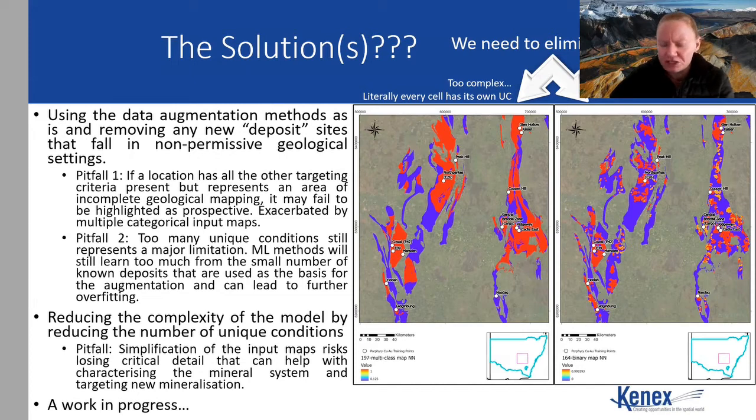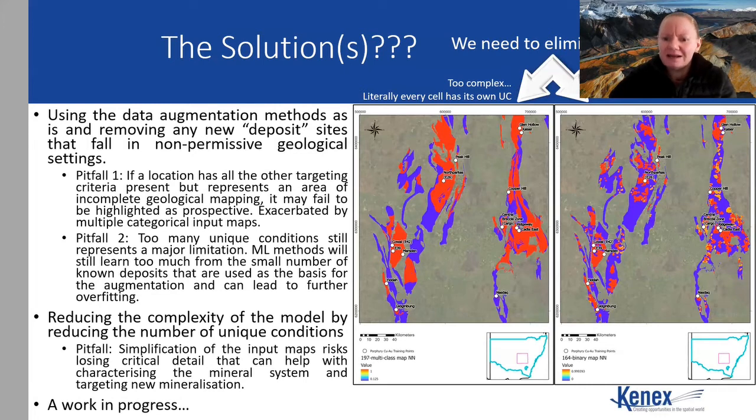There is still not enough training data to effectively generalize this model. So reducing the complexity of the model by reducing the number of unique conditions is an approach that can be used. However, we don't want to risk oversimplifying the model and losing that critical detail, which is really important for characterizing the mineral system, as well as targeting new mineralization for that system.